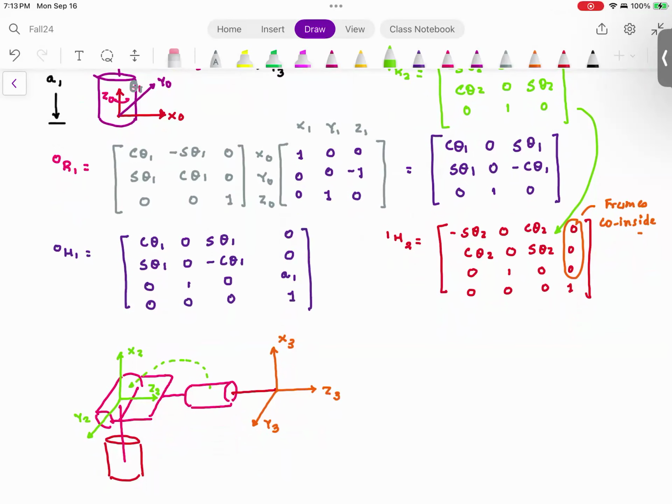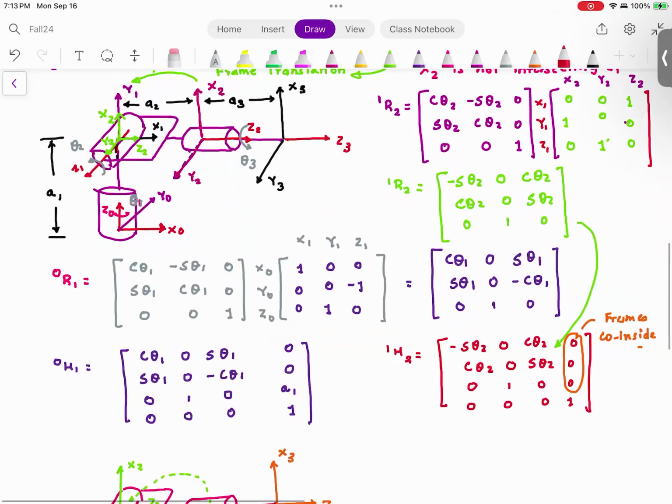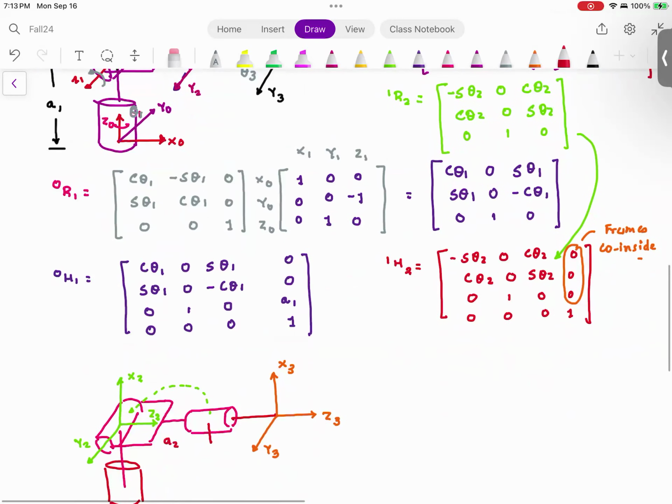And I'm interested now, it's extremely important. Please note that there are two dimensions here. One dimension is A2. And the second dimension is A3. Now the last coordinate frame transformation that I'm gonna write down is extremely important and a little bit tricky.